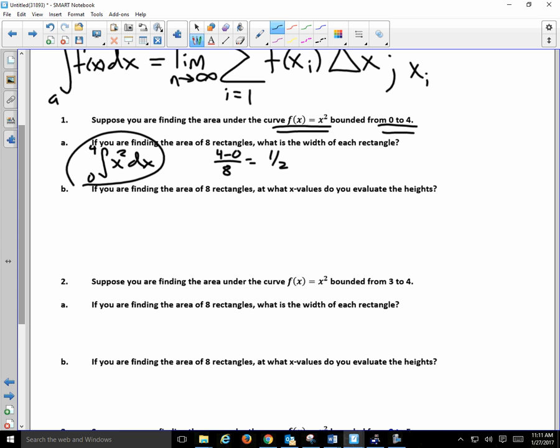So if I'm finding the area of those 8 rectangles, at what x values do you evaluate the heights? Well, I'm going to kind of divide this up here. I've got 0, and then 1/2, and then 1, and then 3/2, and then 2, and then what? 5/2, and then 3, 7/2, and then 4. So at which spots do I evaluate the height? Right-hand sum. Right?